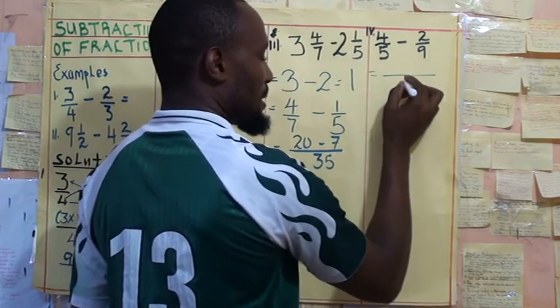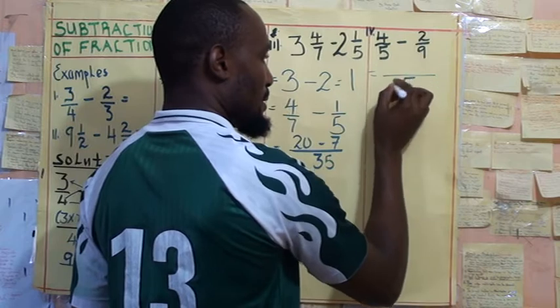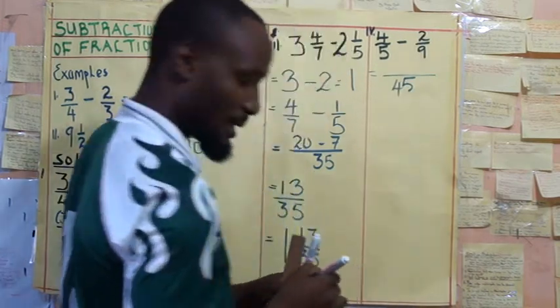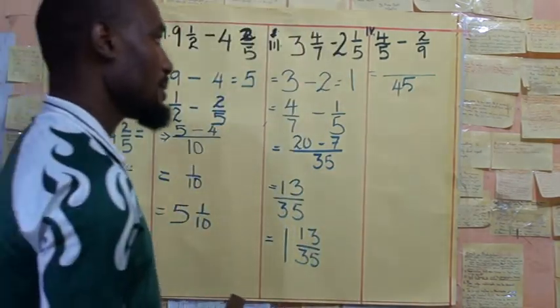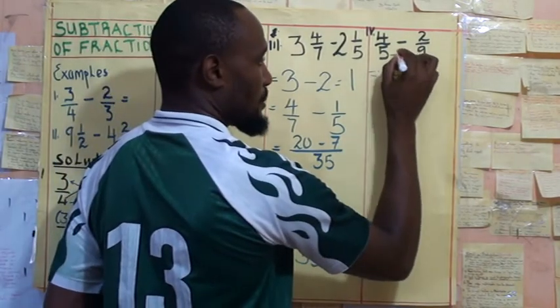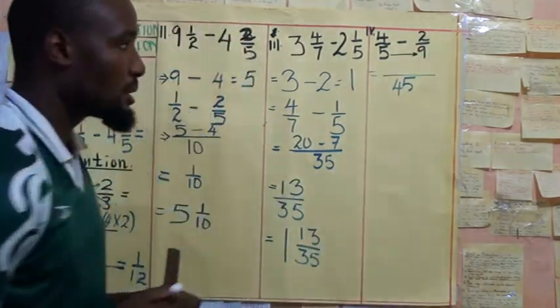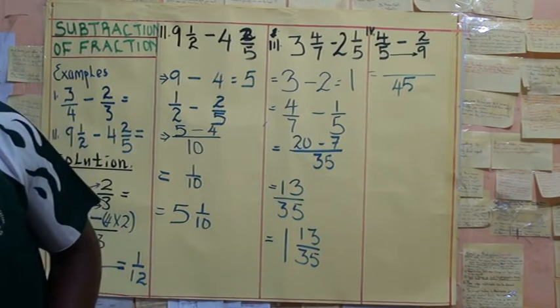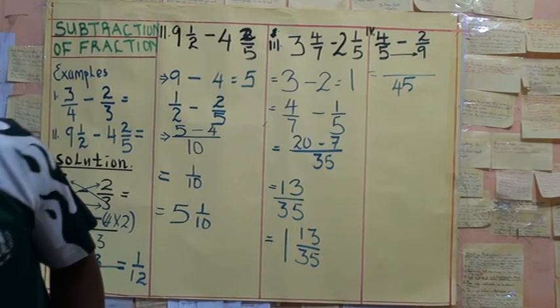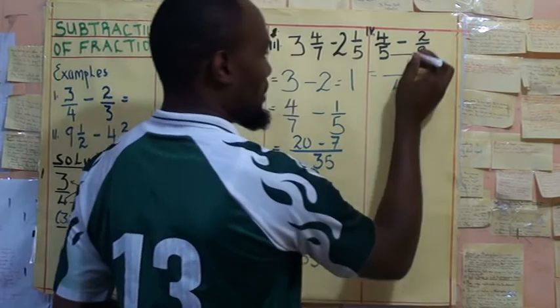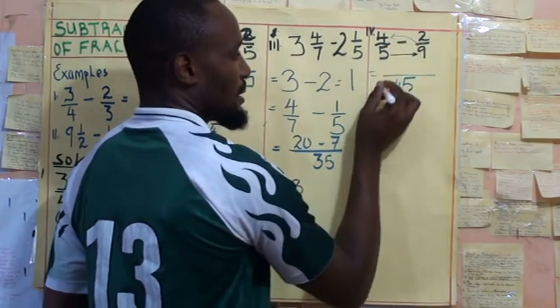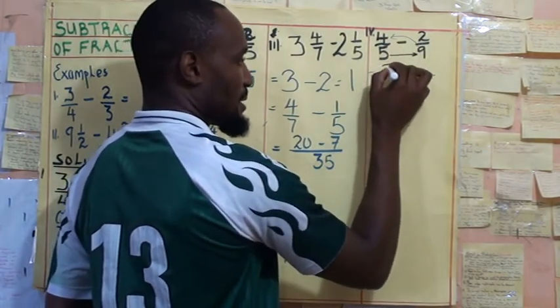That is 5 times 9, 45. Then we go to the next, 9 times 4. That is 36.